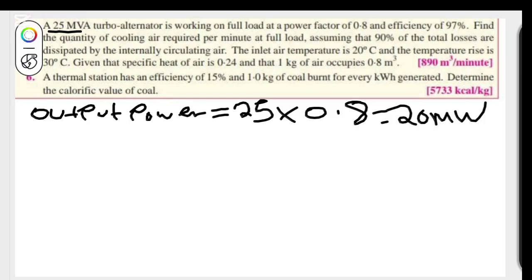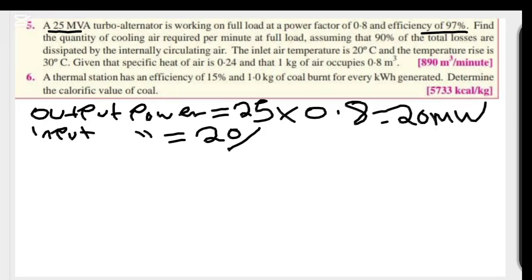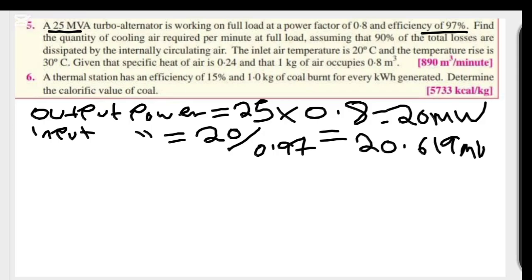So the next thing that I'm going to do, I have to find the input power also. Let's say it is the input power. It is the same thing as this output power divided by the efficiency, which is 0.97, and it is the same thing as 20.619 megawatt.